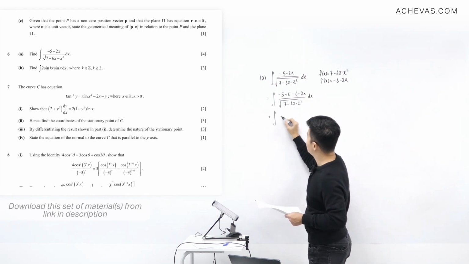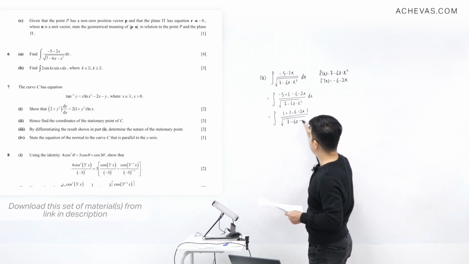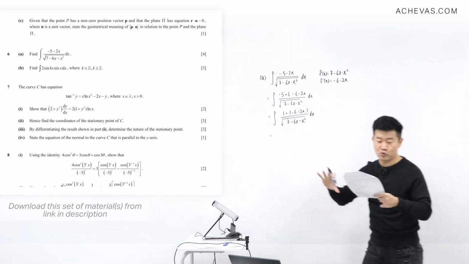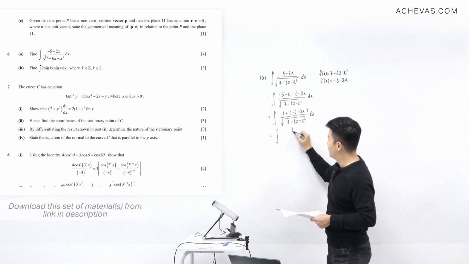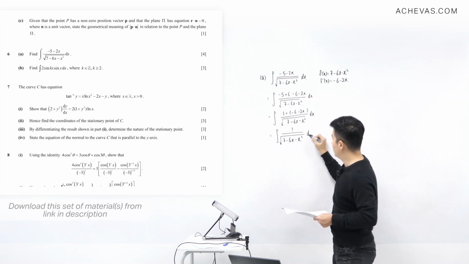Now I can rewrite this as equal to 1, then plus negative 6, negative 2x divided by the square root of 7 minus 6x minus x squared. And I'm going to break this up into two different integrals. The first one will be 1 divided by the square root of 7 minus 6x minus x squared.